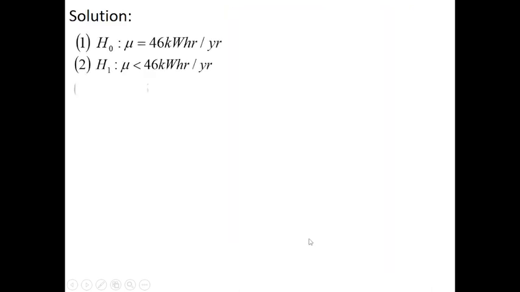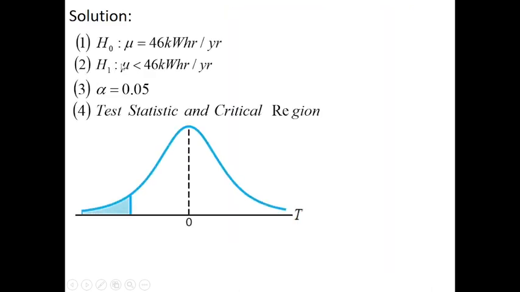Mu not equal to mu sub 0. Oh, sorry. Mu less than mu sub 0. Okay. Mu less than mu sub 0, which is 46 kilowatt hour per year.